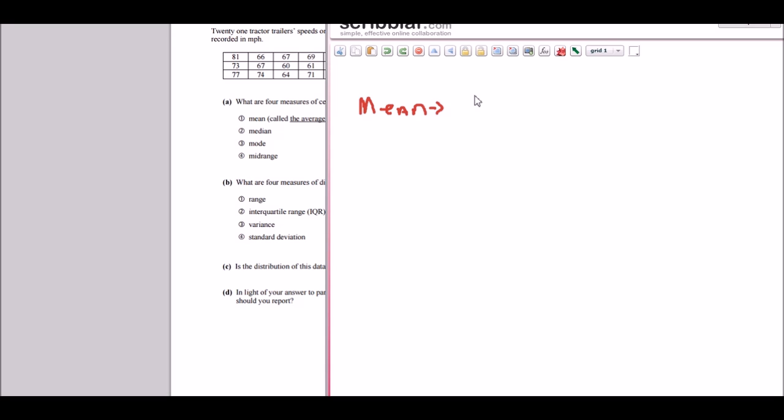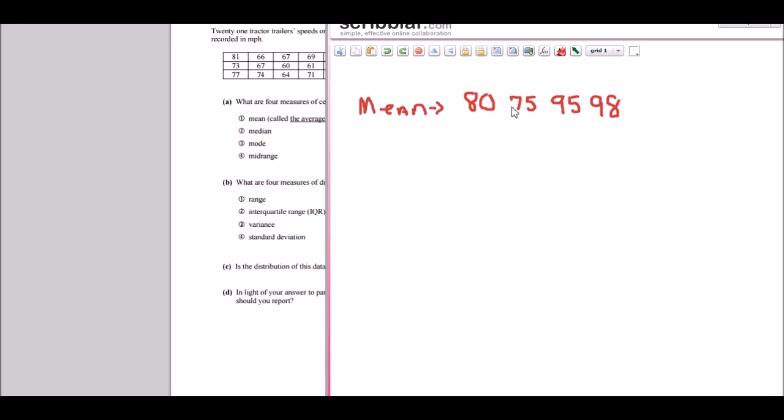Say you have 4 tests. You got an 80. You also got a 75. Then you started studying quite a bit, and you got a 95 and a 98. Mean is basically the same thing as average.